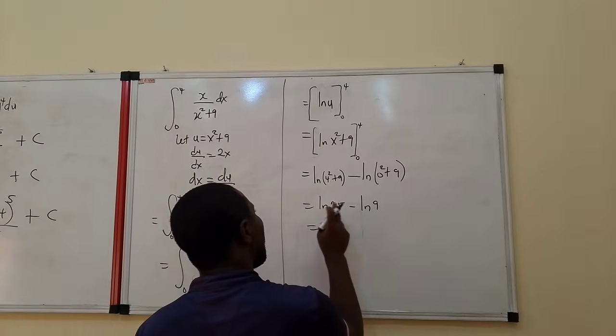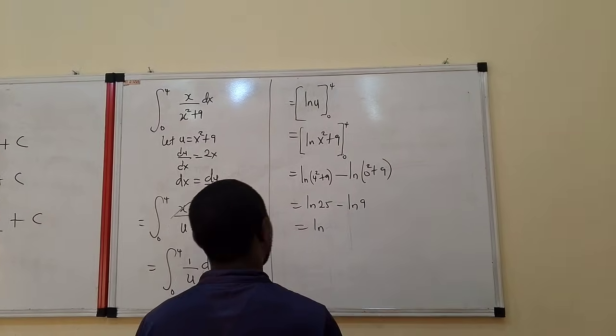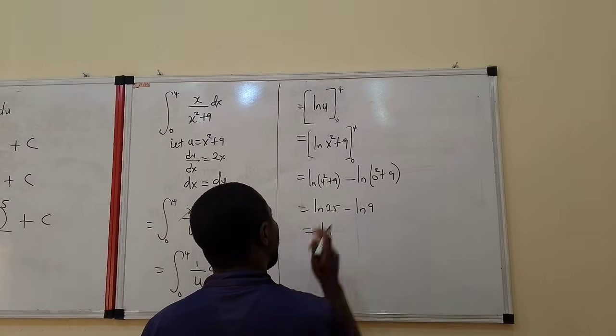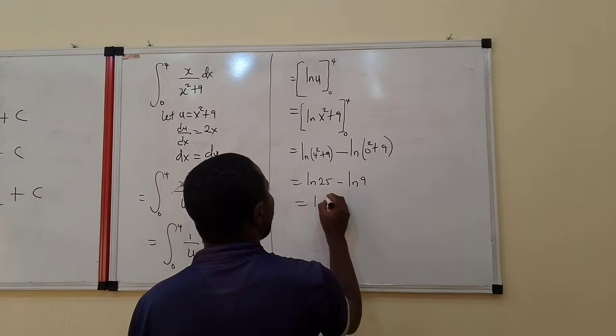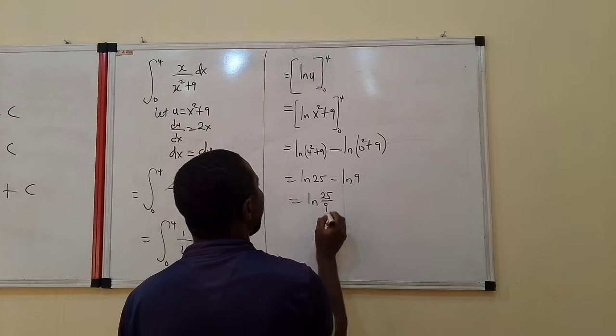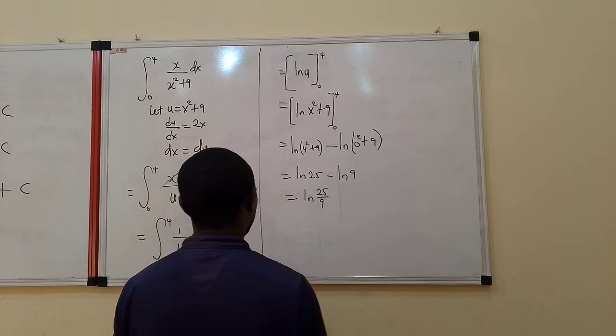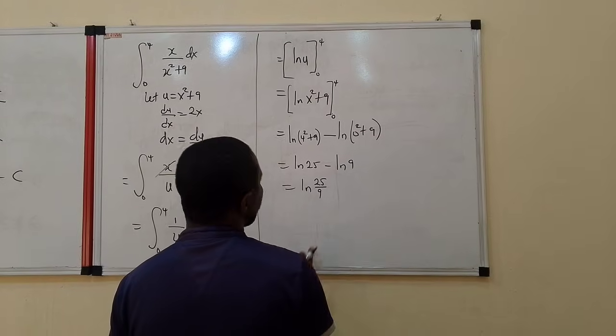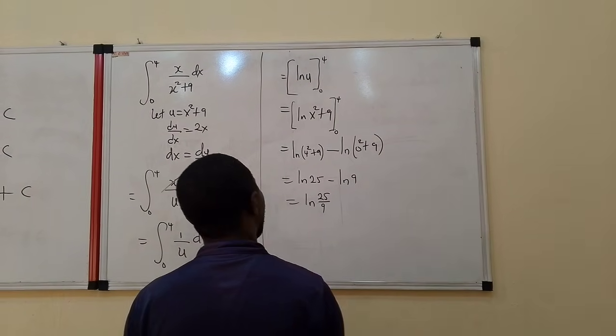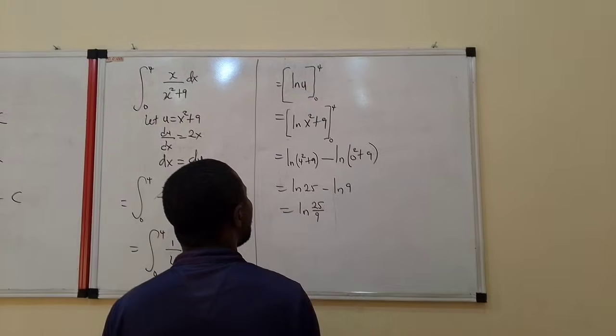I have natural log of 25 minus natural log of 9. There's a minus sign between the two logs, so I'll divide 25 over 9 and take one log. Now this is an answer, but we can still reduce it.